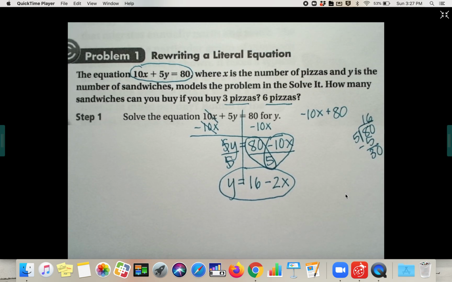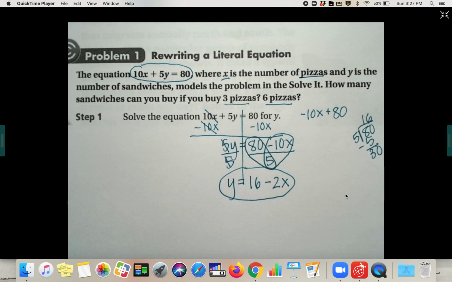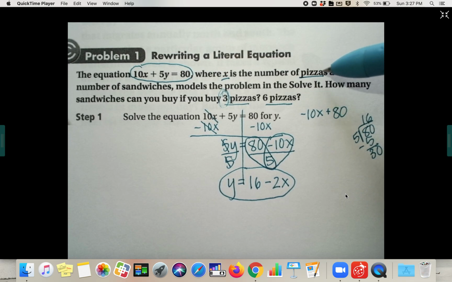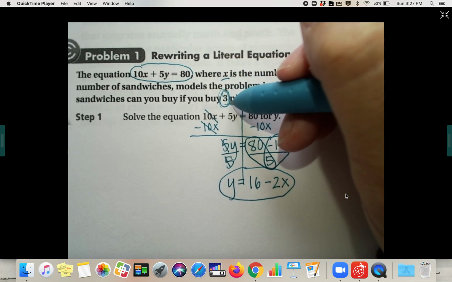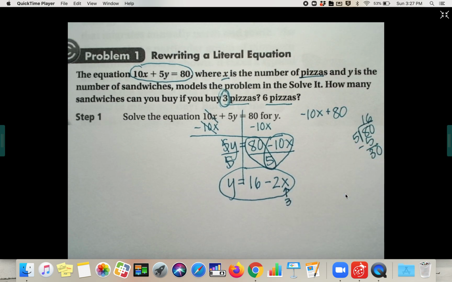We rearranged it. And the reason we decided to do that is because x is the number of pizzas. So we want to know now, what if we had 3 pizzas? So if x is the number of pizzas, we're going to make x 3. So we're going to come down here and we're going to make x 3 and solve it.